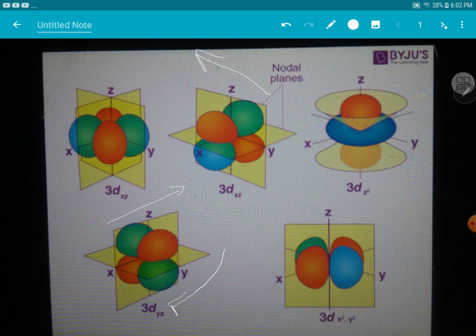Another differentiation is this: if the dyz shape is present, the loop of the d orbital is present on the x-axis.